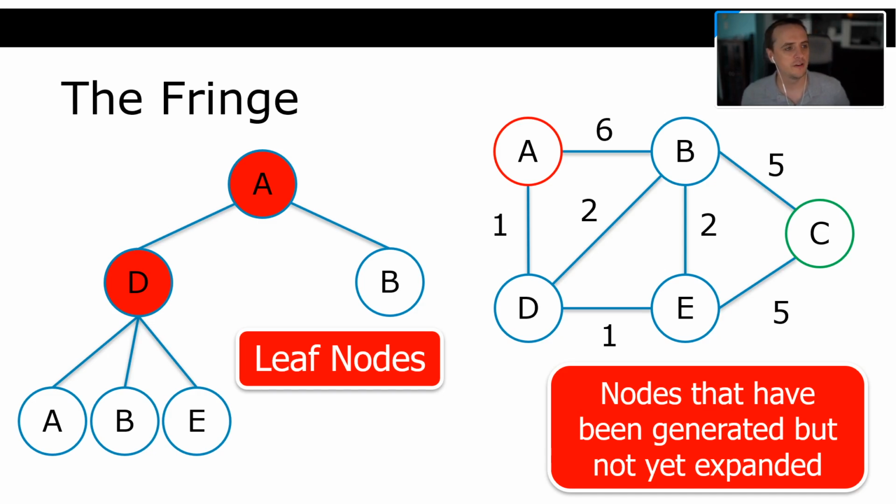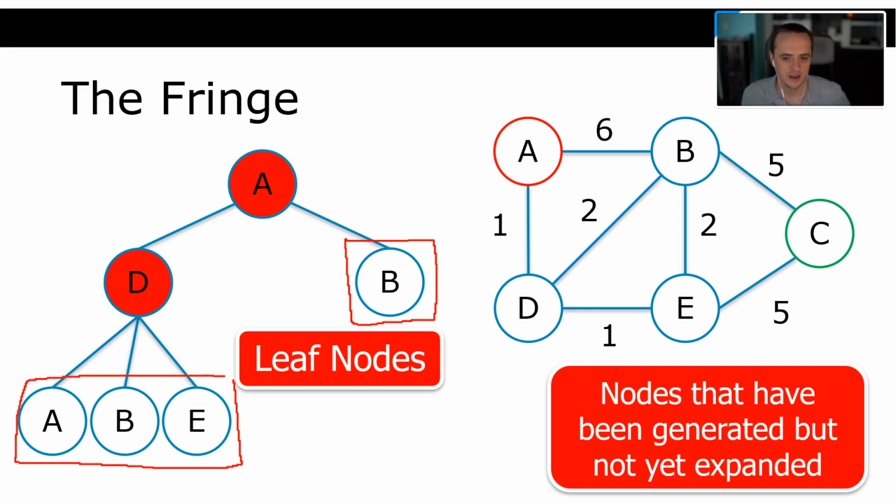The nodes that we have expanded here, so the ones that we have generated all the legal actions from, we've colored in red. And all the other ones, the white ones, we are calling these leaf nodes, okay? These leaf nodes are nodes that have been generated.